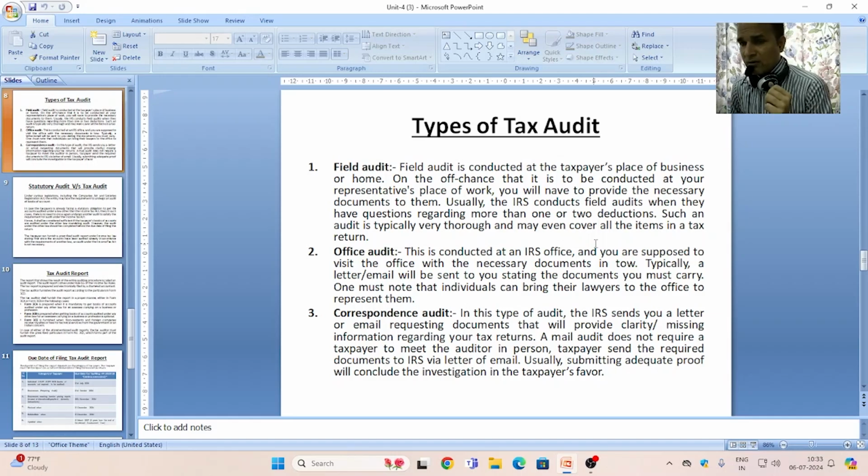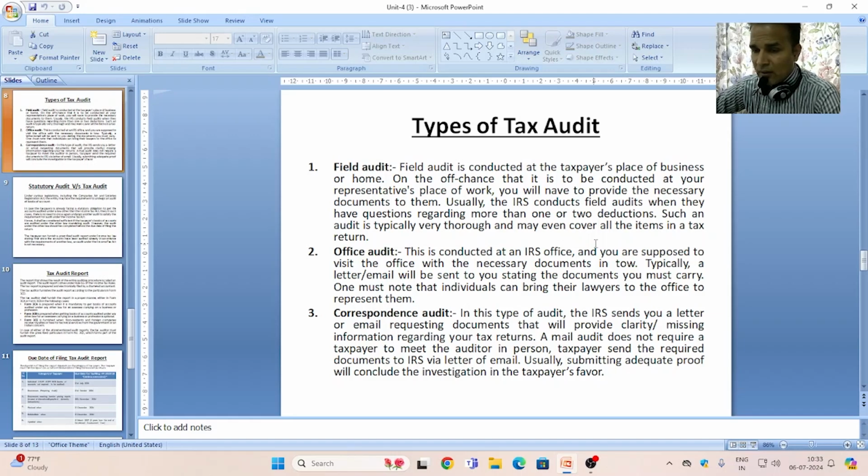In case it is to be conducted at the SSC's representative's place of work, then the SSC will need to provide the necessary documents to them.